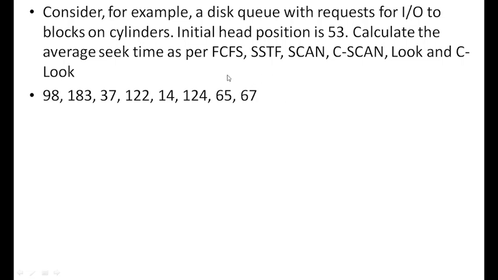Let us first apply the FCFS algorithm. FCFS will not try to improve the result in any way. It will just go by the actual order, which means it will go from 53 to 98, and we have to calculate the tracks crossed or traversed while going from 53 to 98.